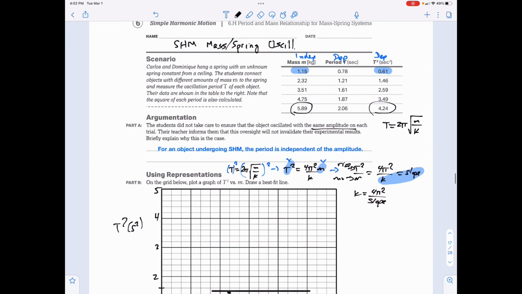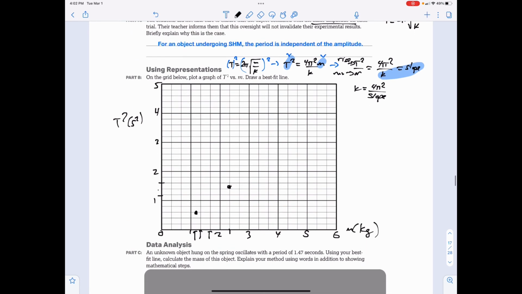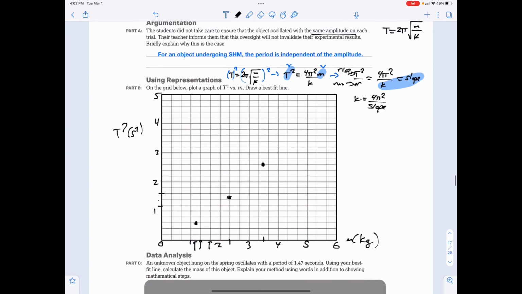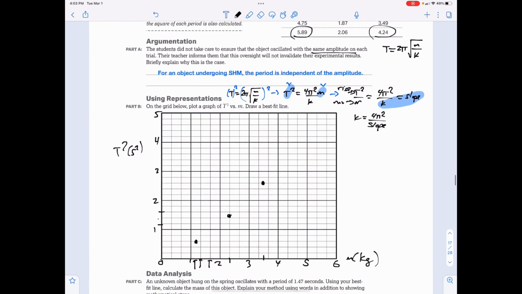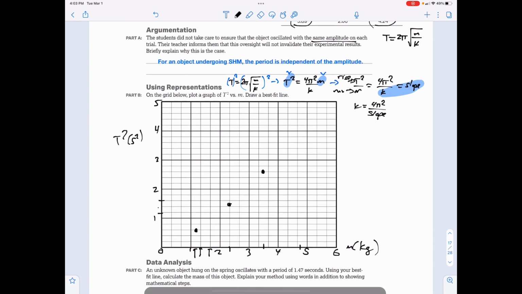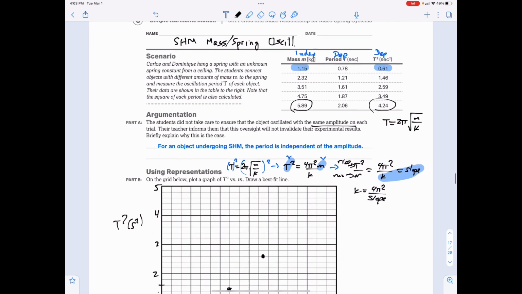Then we're going over 3.5, up 2.6. 3.5 is right here, up 2.6 would be exactly right there. Then we're going over 4.8 and up 3.5.